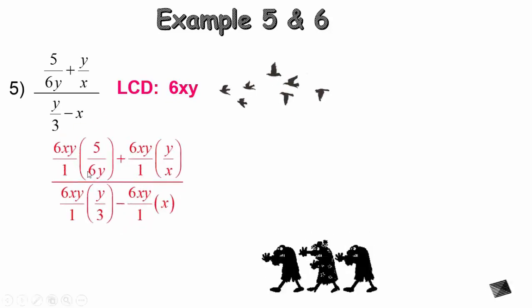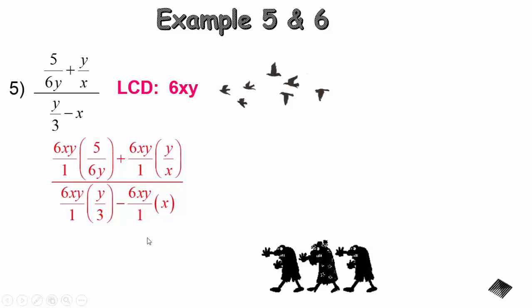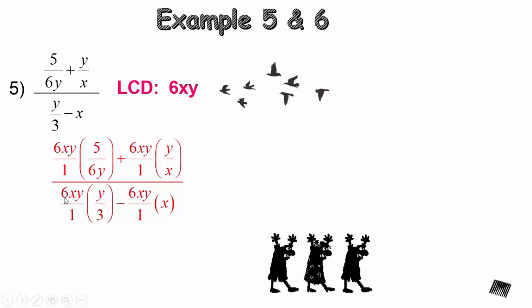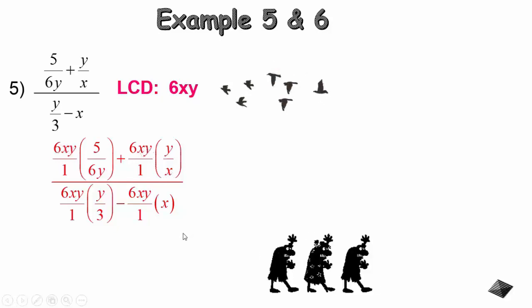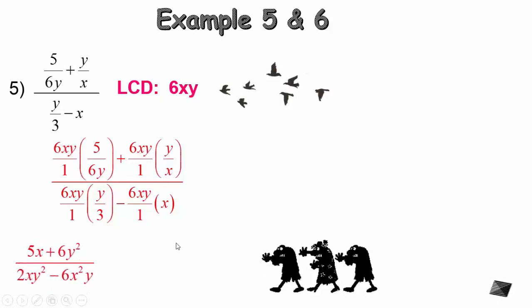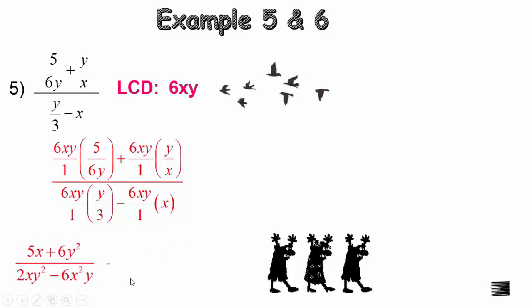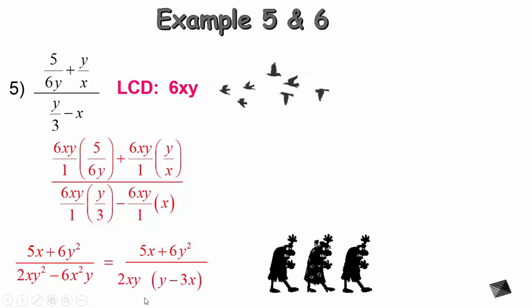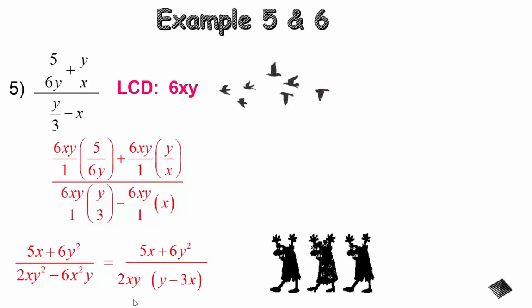And so I do: 6xy over 1, 6xy over 1, 6xy over 1, and then proceed to simplify that. 3 goes into 6 2 times, 6y, 6y I cancel out here, and then I cancel out the x here till I finally get this. So then I get this, and I see if I could simplify that any further, and it turns out that even factoring doesn't help me that much because I cannot really simplify that any further.